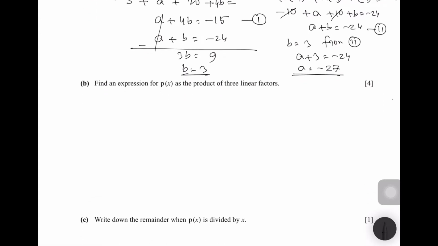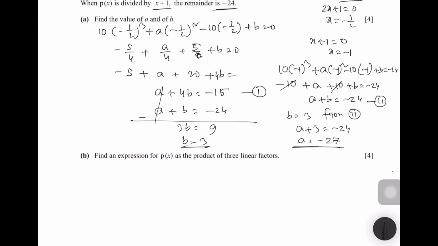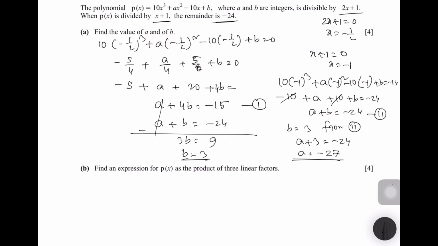Next thing, find the expression for p(x) as the product of three linear factors. Now we can write p(x) equals 10x cube, not plus, it should be minus 27x square minus 10x plus 3.